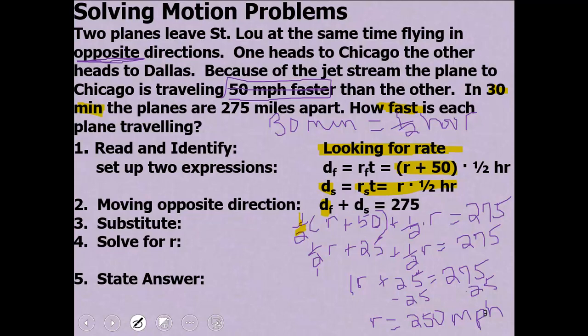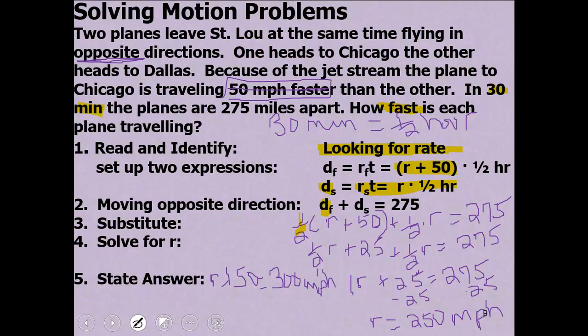So if that's the rate of my slower plane, what is the rate of my faster plane? Well, the other one is going to be R plus 50, or it's going to be going 300 miles per hour.